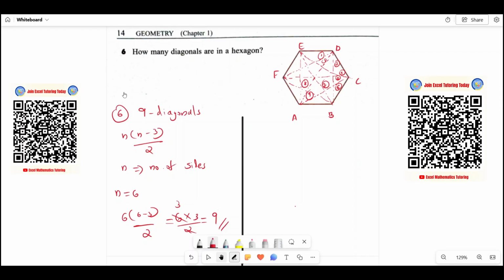This is the basic formula for finding the diagonals, so you can use this, or you can just draw by yourself and figure out how many diagonals are possible. By drawing, just number the diagonals, otherwise it will be confusing.